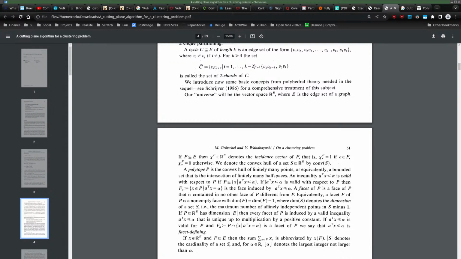Is the face induced by the a^T x less or equal alpha. So I guess F is now a face of the polytope, and the face is defined by a in a way that it is related to one of those cuts.